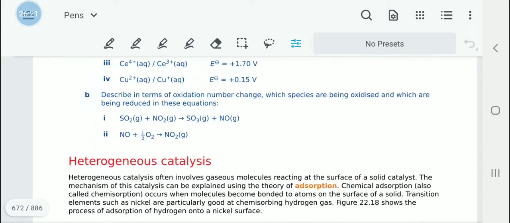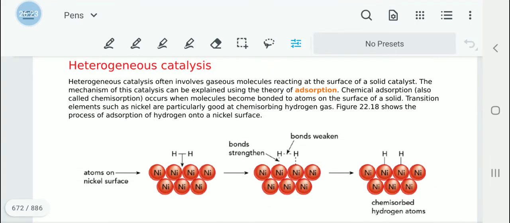Write down a note on this. Heterogeneous catalysis usually involves gaseous molecules reacting at the surface of a solid catalyst by the mechanism of adsorption.